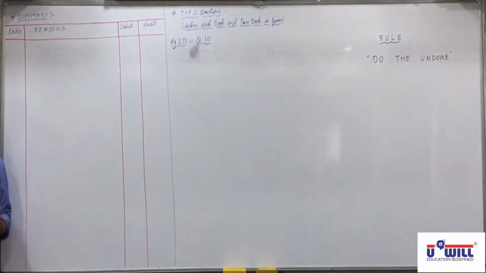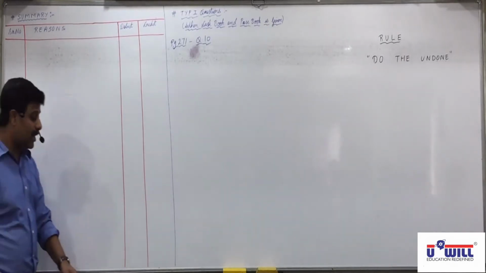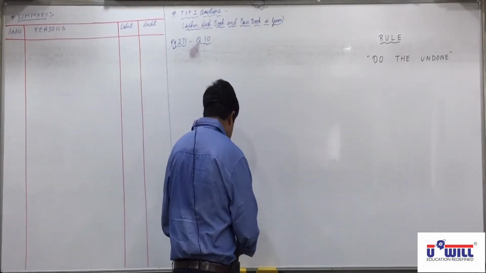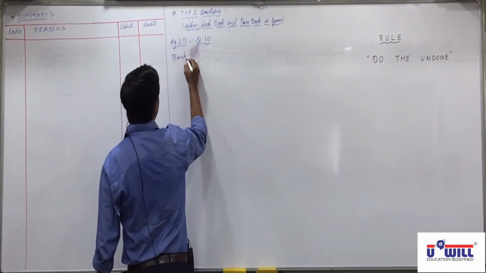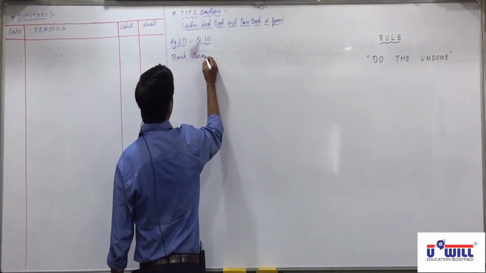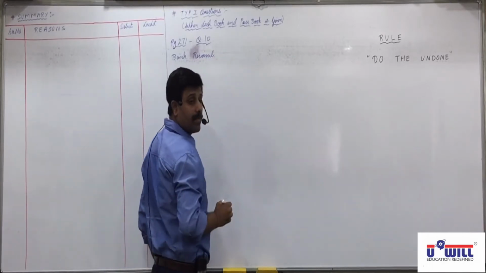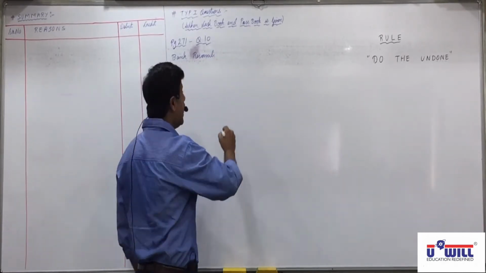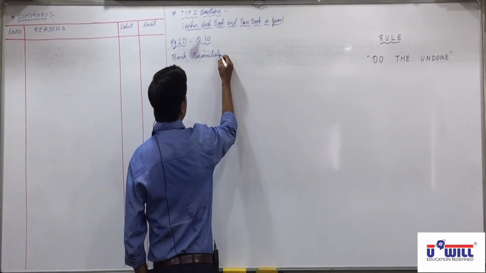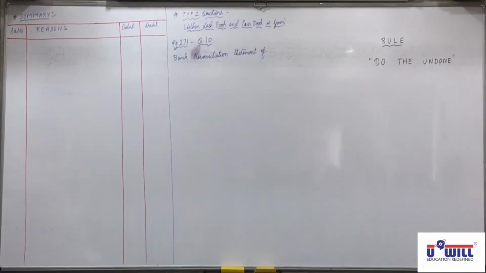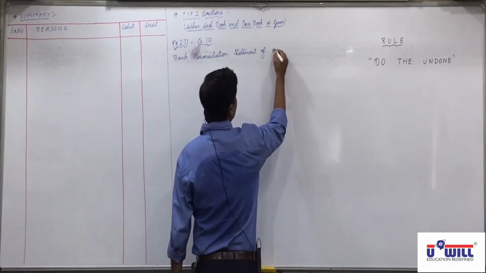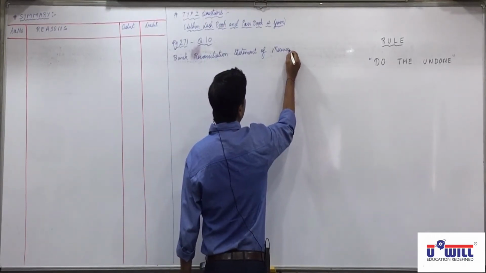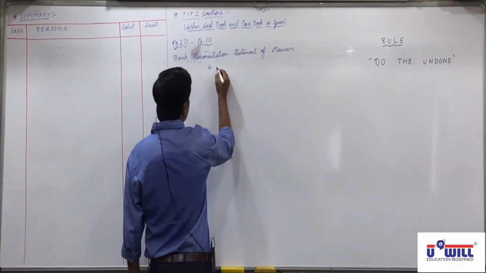Any doubts with it? The format will be, give the heading, bank reconciliation statement of Mac 1. Yes, silence. And the addendum.